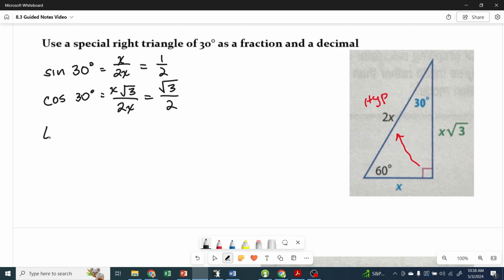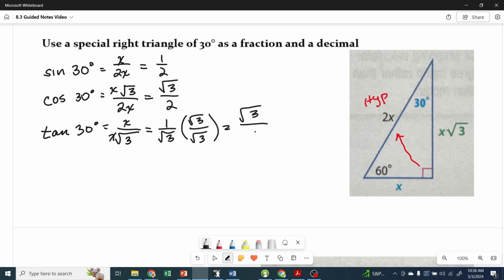The tangent of 30, well, that's equal to opposite, which is x, over x square root of 3, which is 1 over the square root of 3, which, as we talked about with radicals, you need to clean up. And that becomes the square root of 3 over 3.